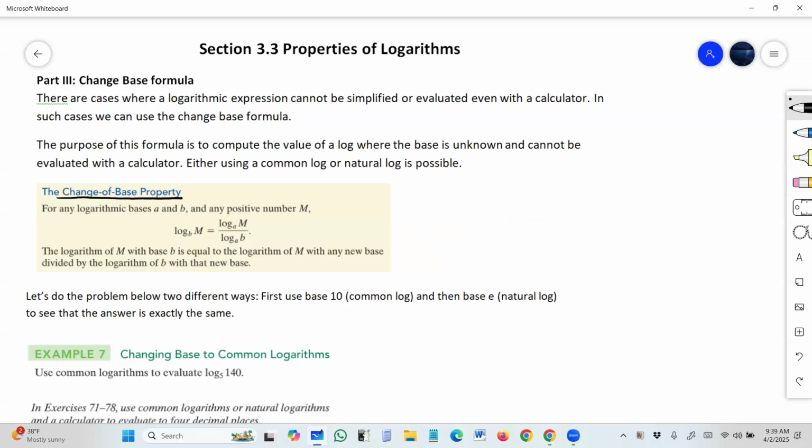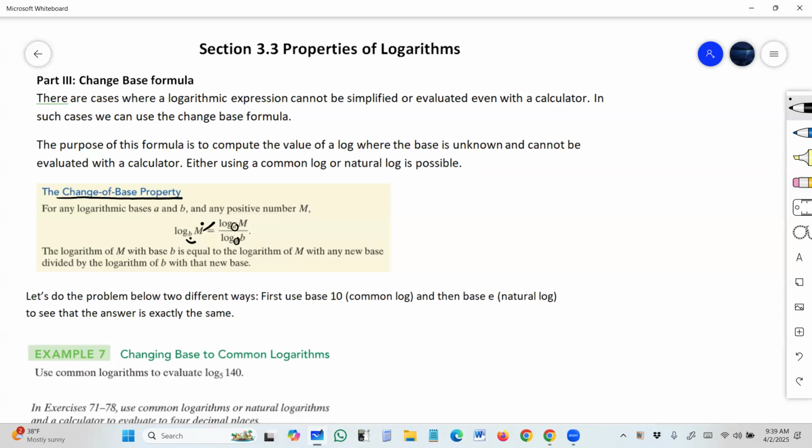Now, if we have the log of a particular number using a particular base, then I can come up with a new base, and it's going to be log of the number divided by log of the base, using whatever new base you want.